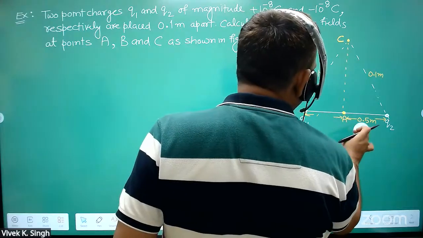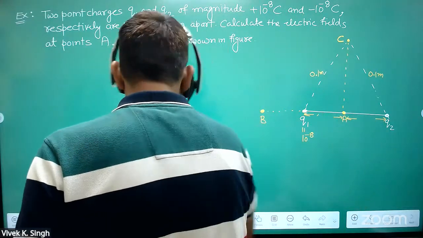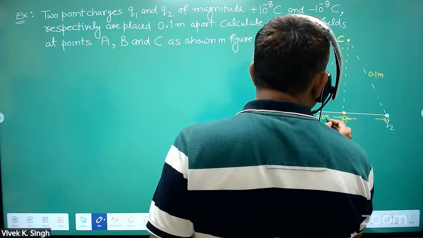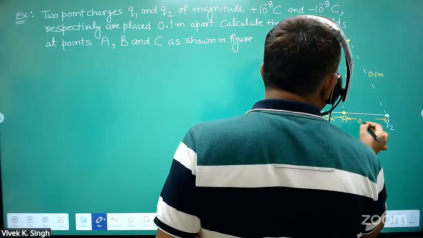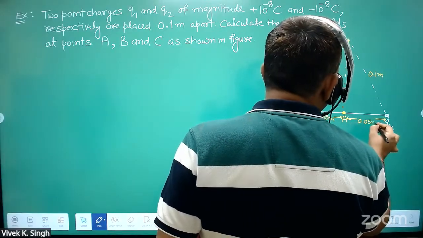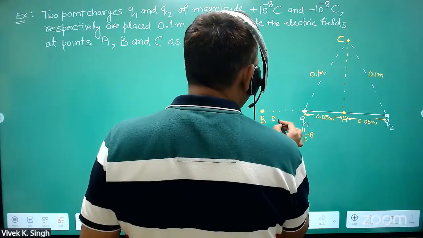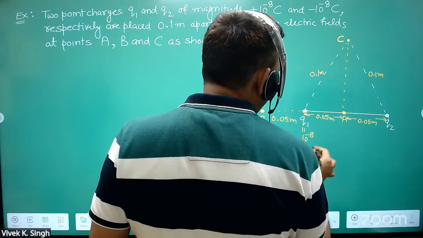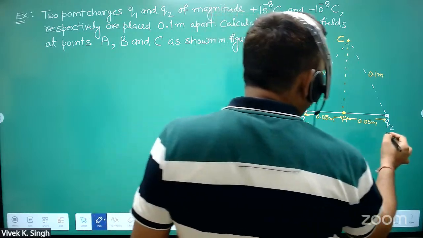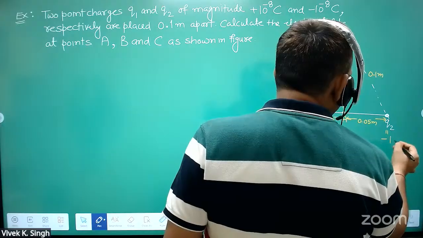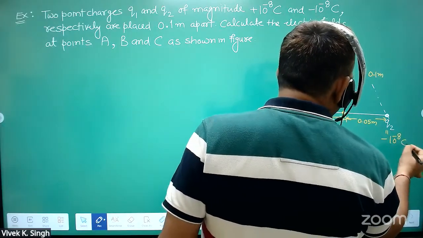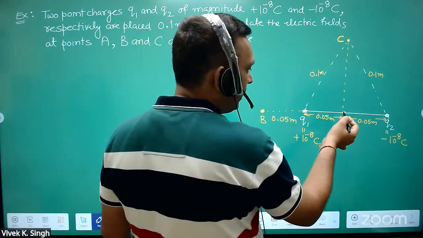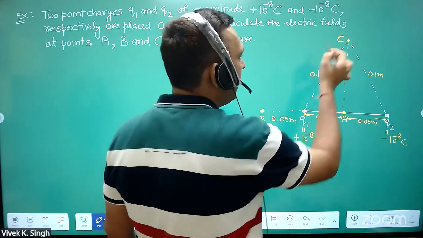Take it as 0.05 meter. And this is also 0.05 meter. And this is also 0.05 meter. So this is 10 to power minus 8 coulomb, and this is minus 10 to power minus 8 coulomb. Now you have to find the electric field at point A, at point B, and at point C.